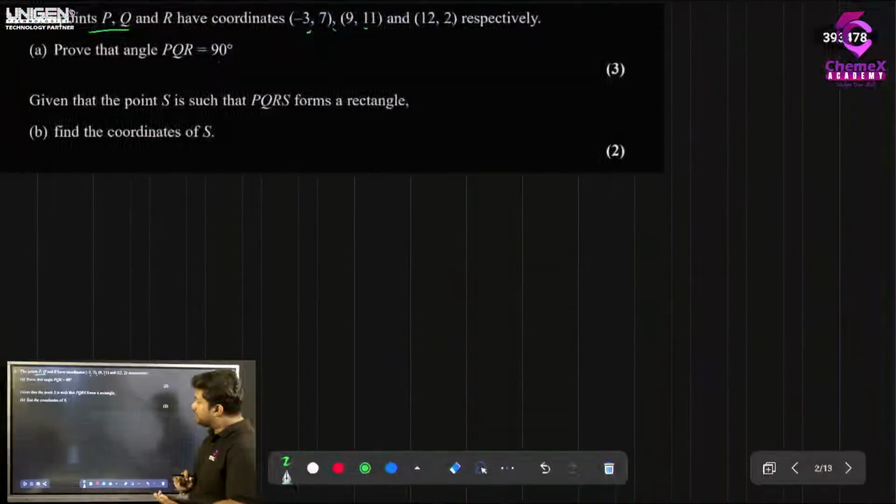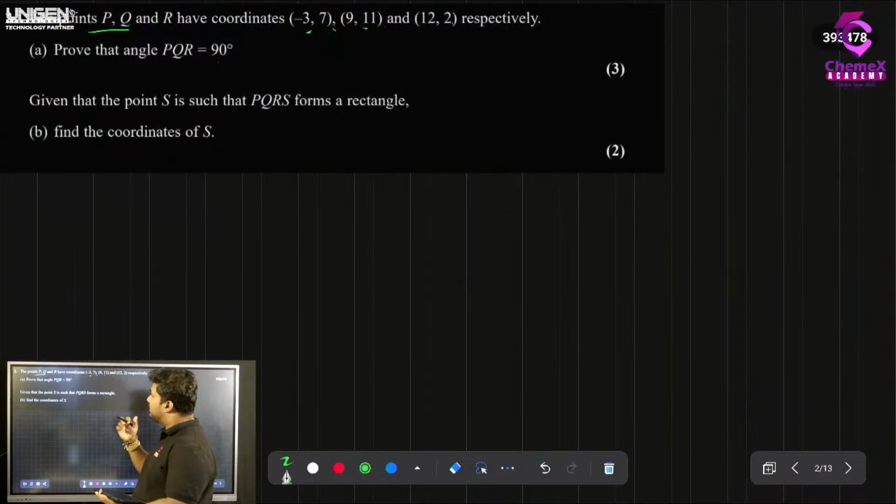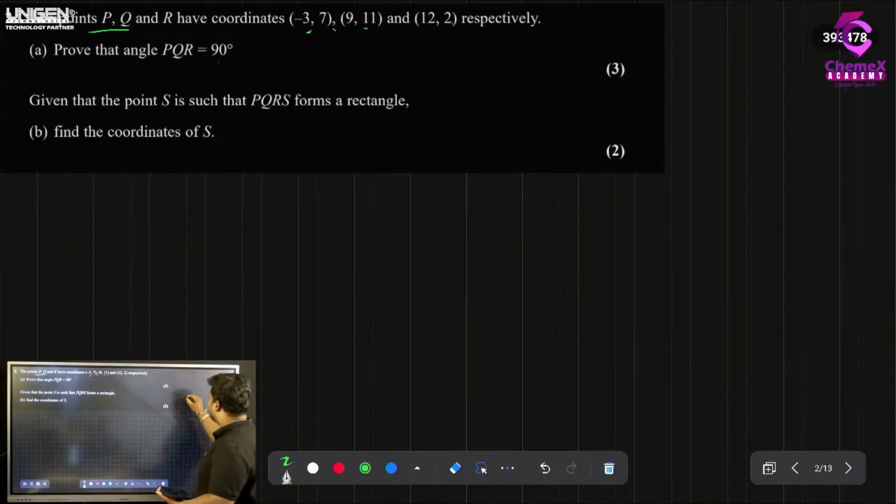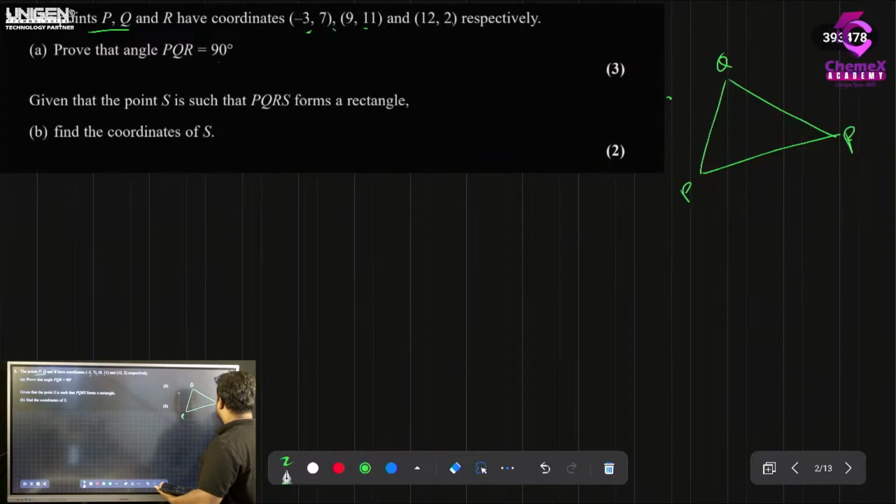To do this question, what you can first do is get the coordinates. P is minus 3, 7. Q is 9, 11.